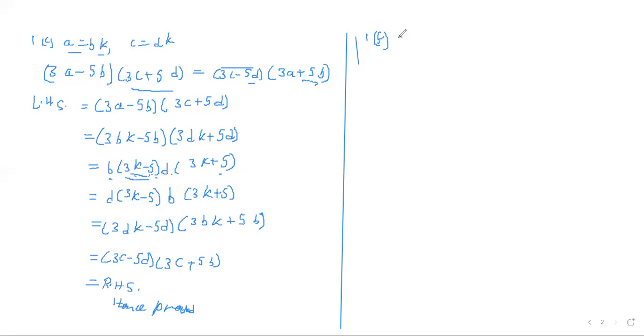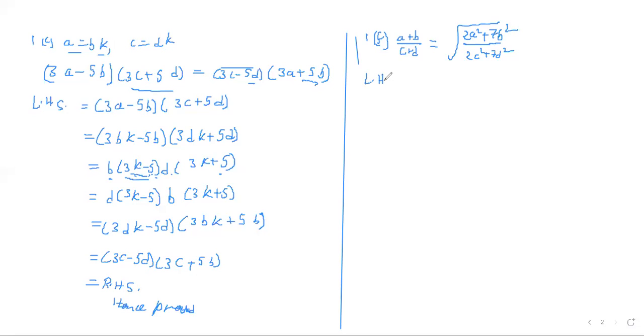the main concept behind all these questions is the same as the two questions which were discussed before this. A plus B upon C plus D equals to, we have to prove, under root 2A square plus 7B square over 2C square plus 7D square.